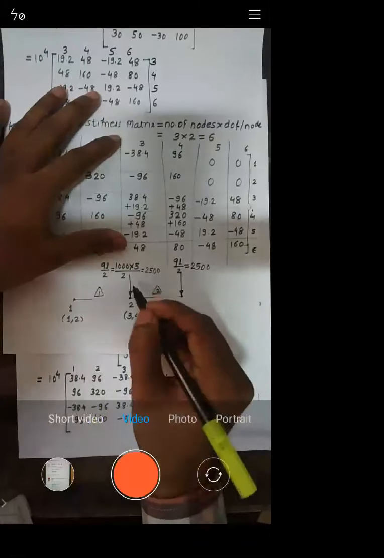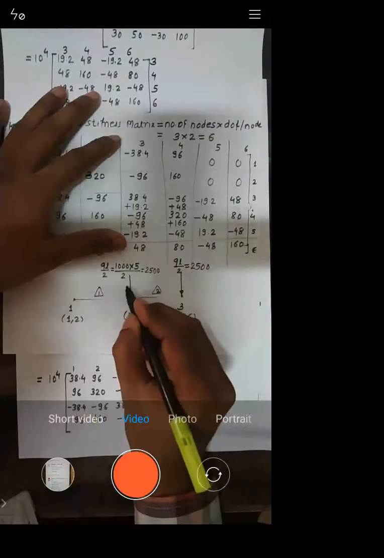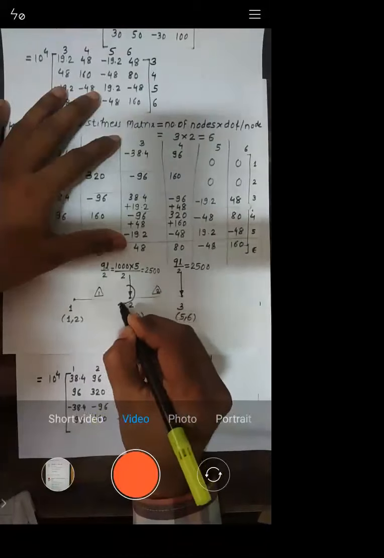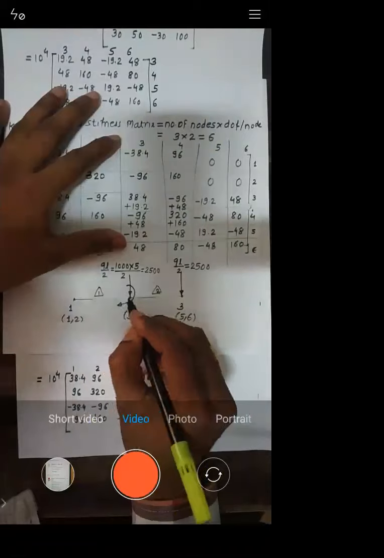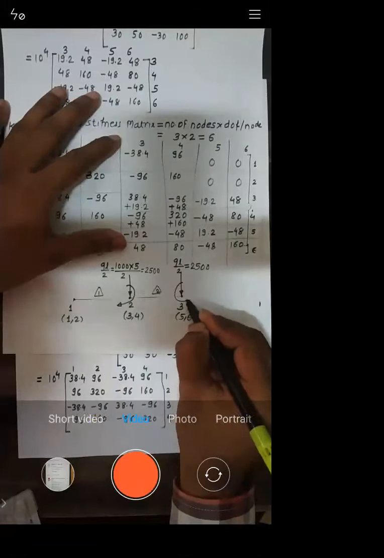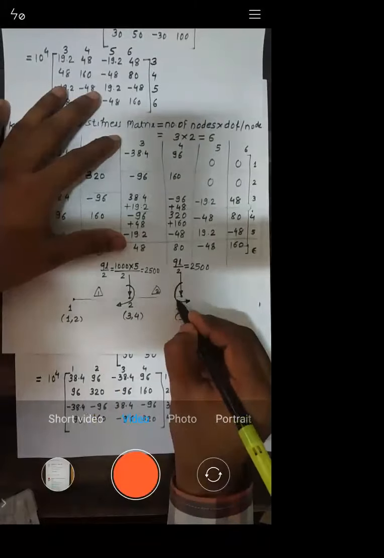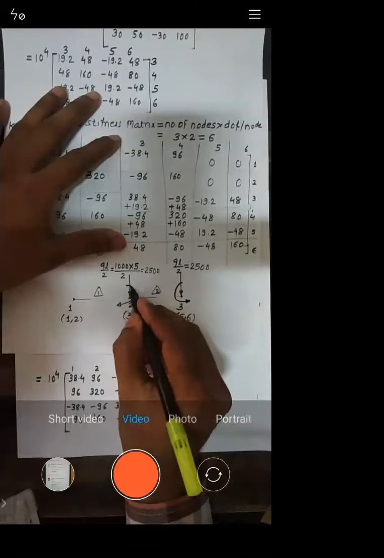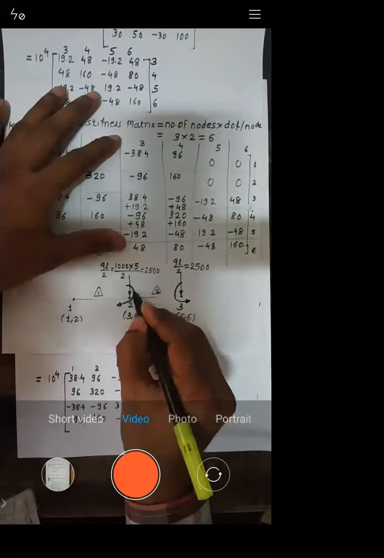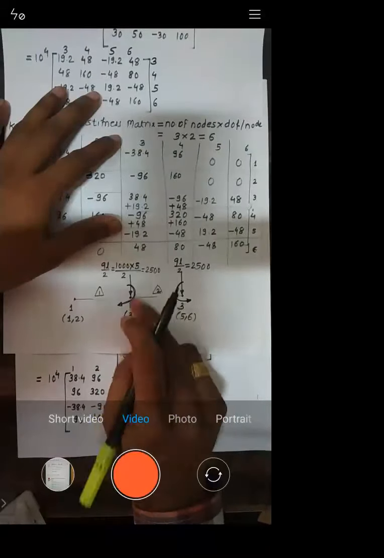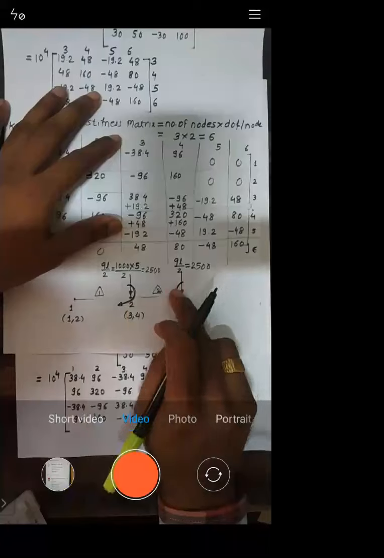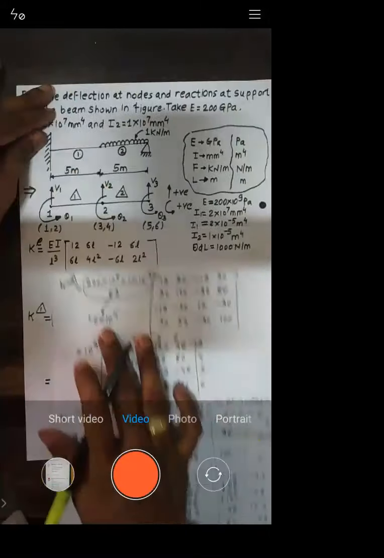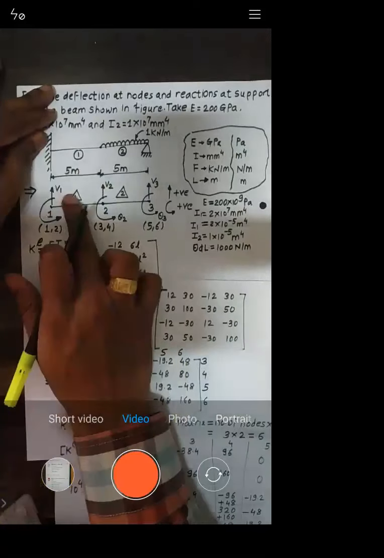So see what we will do. We will take one movement in clockwise direction and one movement in anti-clockwise direction. Understand? This diagram will always remain the same, irrespective of any problem.